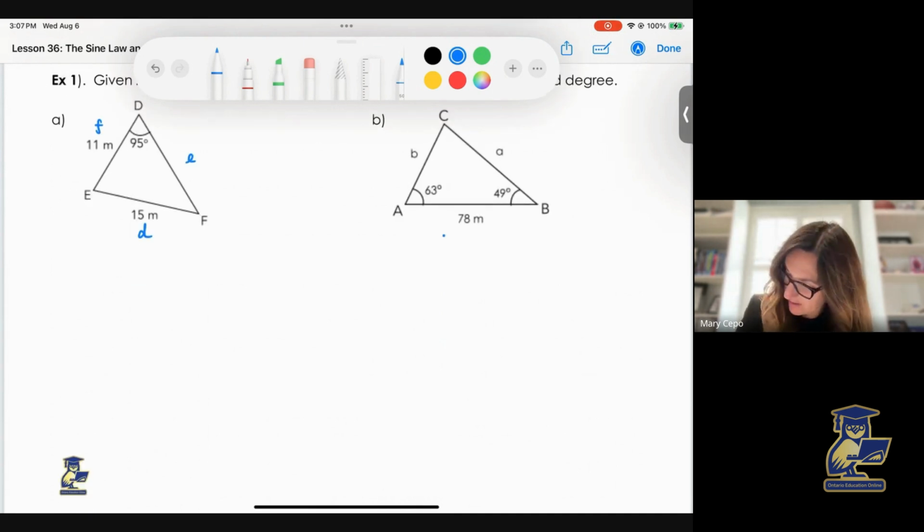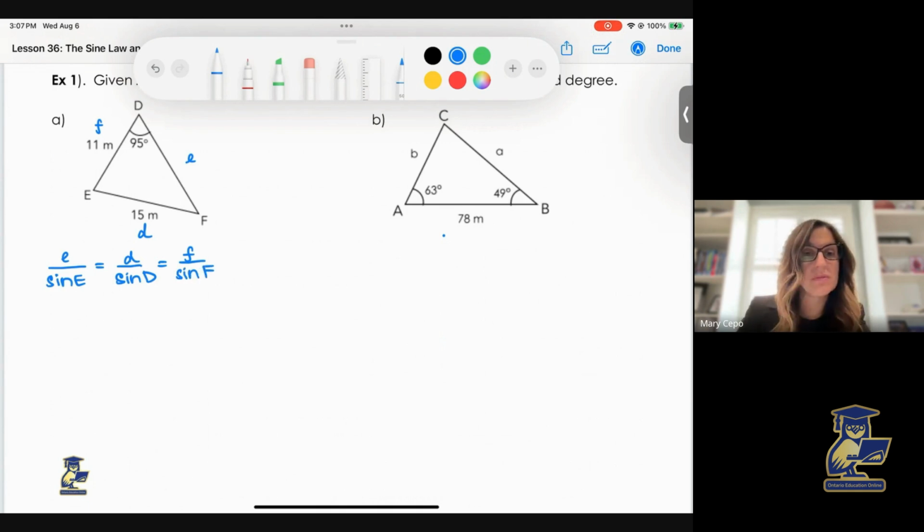The sine law tells us, because we're doing the sides, I would start with the sides first. So e over sine of angle E is equal to side d over sine of angle D, equal to f over sine of angle F. The order does not matter, but you do have to be consistent.